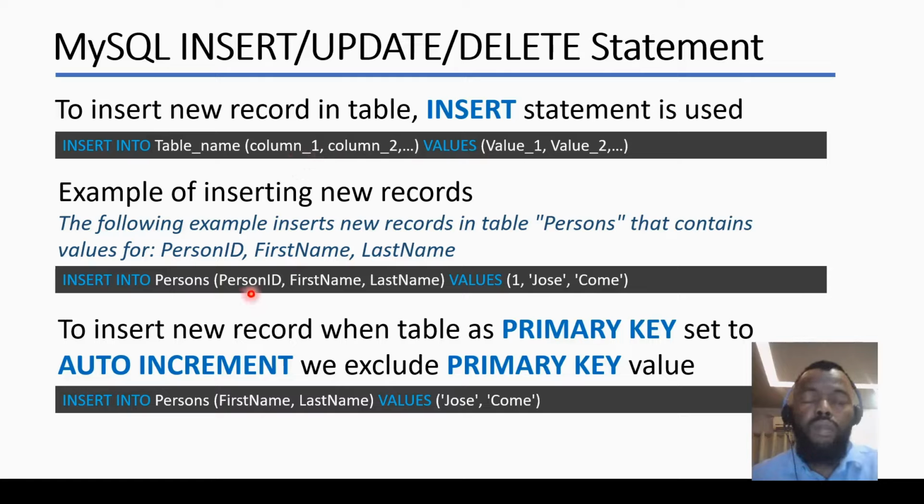Here is an example where we insert a record that has a person ID, first name, and last name. Also, when we need to insert a record in a table that has a primary key set to auto increment, we don't include this column in our statement.